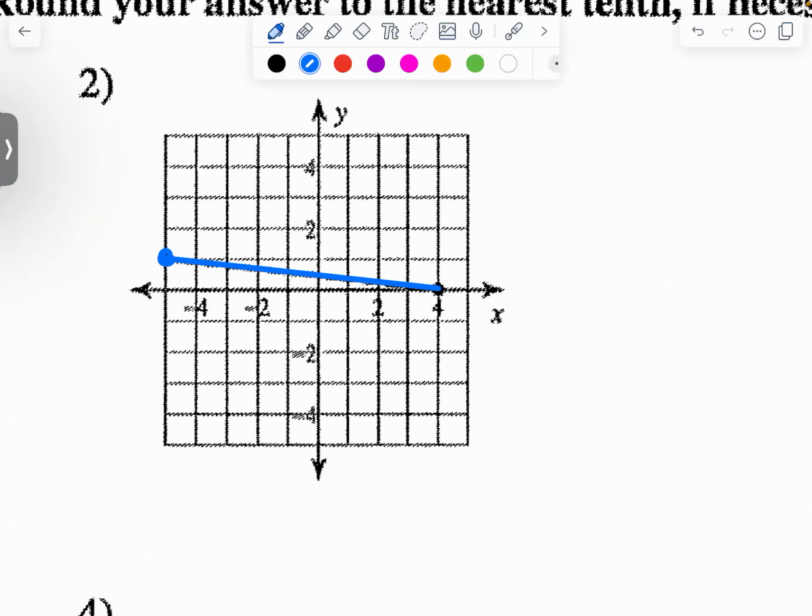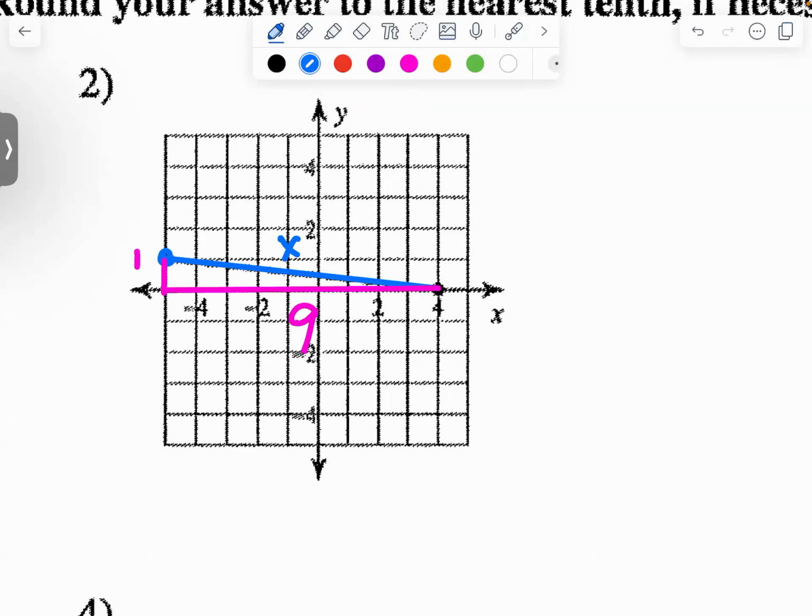Okay, draw the triangle. Hey, Wes, how far do we need to go down? 1. And then we can go over how many? 9. All right. So find me the hypotenuse.